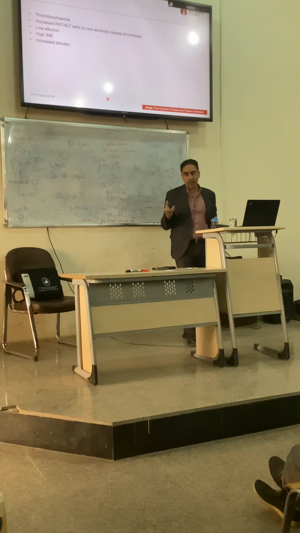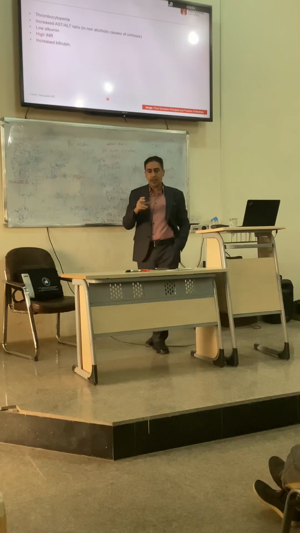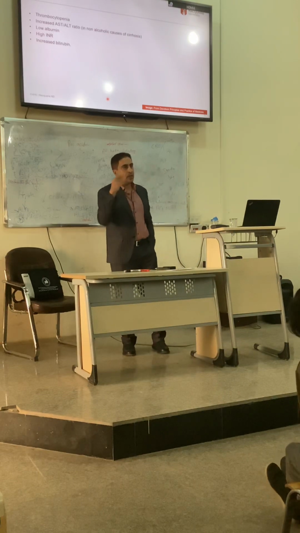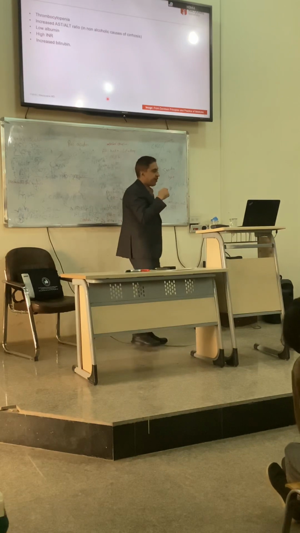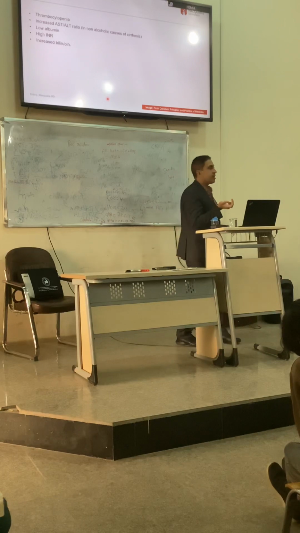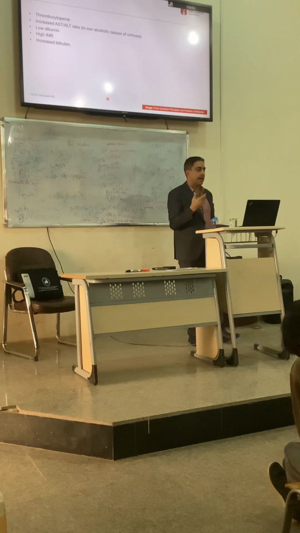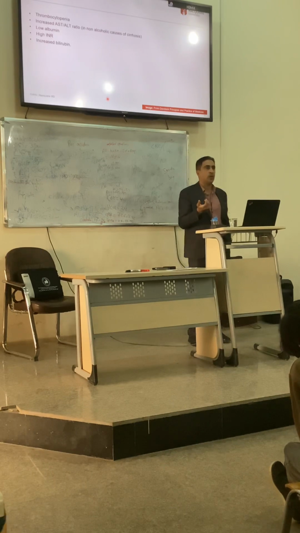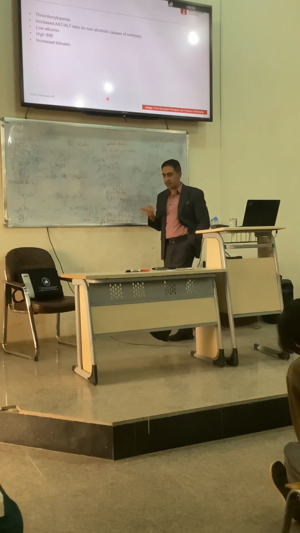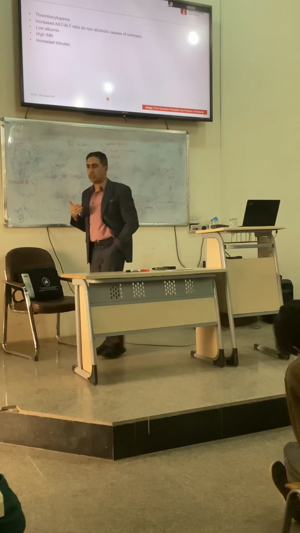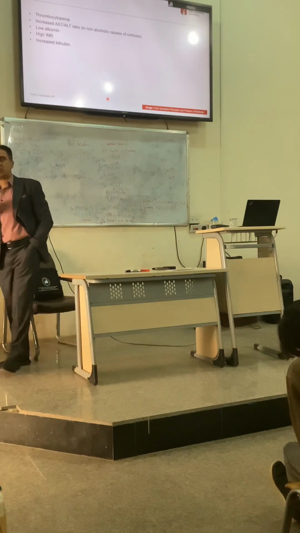So when you see a patient having AST more than ALT, you will have a suspicion this patient has liver fibrosis. Okay? Other biochemical signs are low albumin, high iron, and increased bilirubin. All this biochemical evidence will help you to diagnose liver cirrhosis.